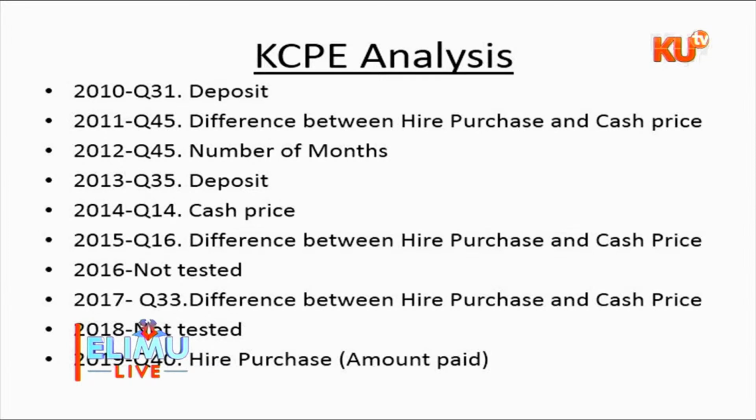In 2016, we didn't have any question about hire purchase. Then 2017, question number 33, they asked the difference between the hire purchase and the cash price. Then in 2018, they didn't test hire purchase.